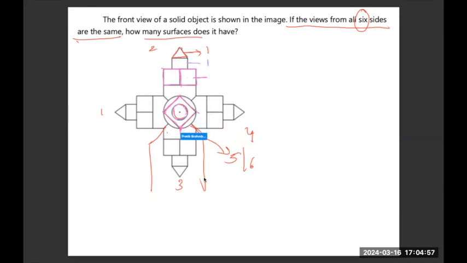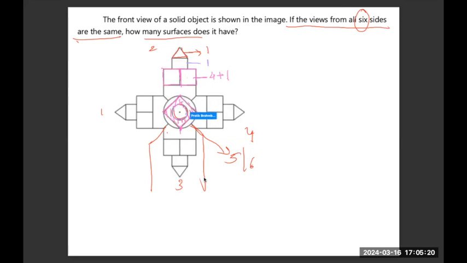This is the one, which means that this is a cube, and a cube has 1, 2, 3, and 4 sides, and then there will be one top surface happening here. This top surface we also have to count, so 4 plus 1 surface on the top.